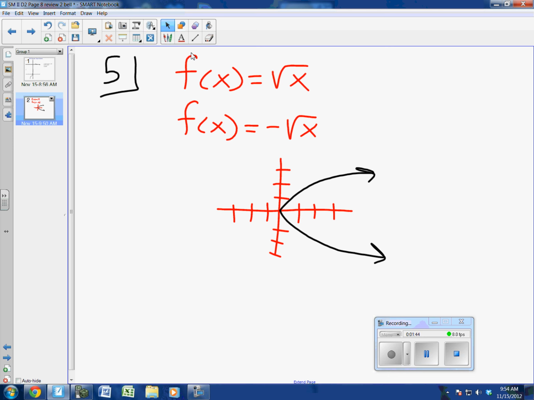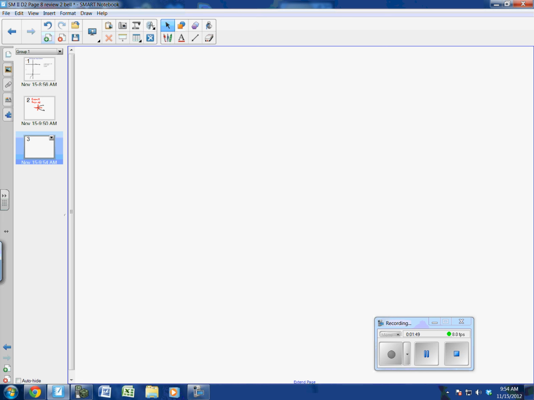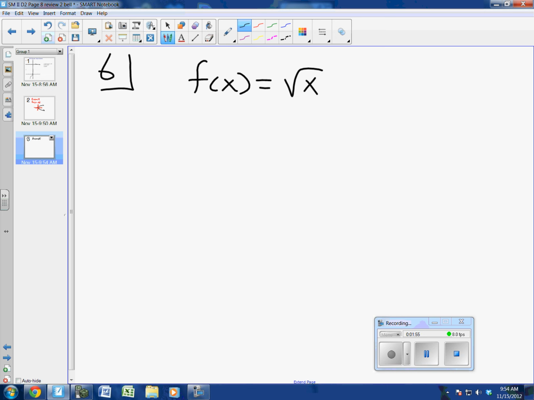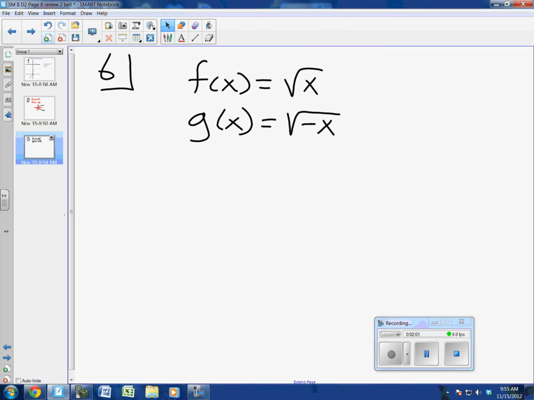Okay, number 6 is also a reflection. But this time, the negative is inside the function, right? We replaced x with negative x.